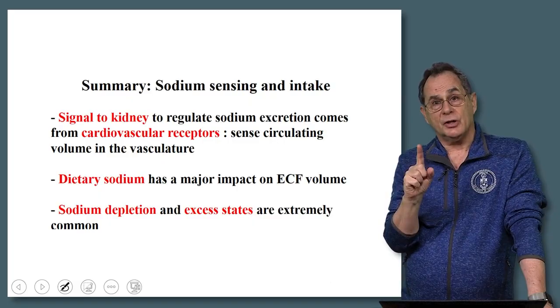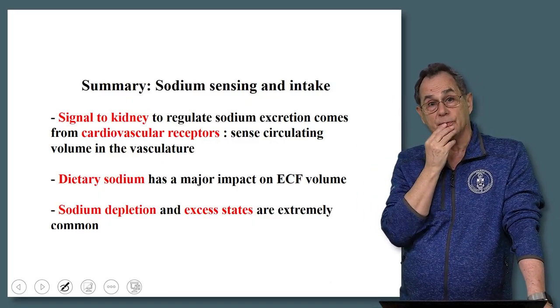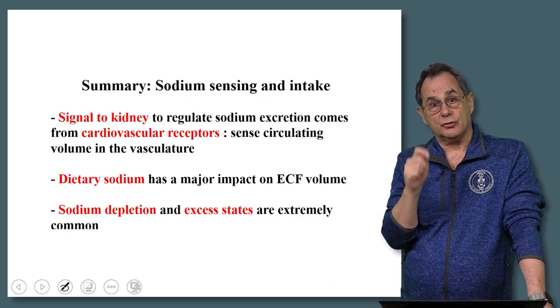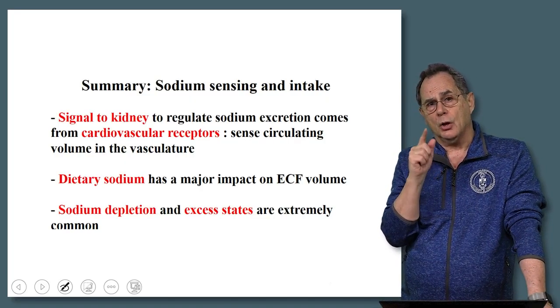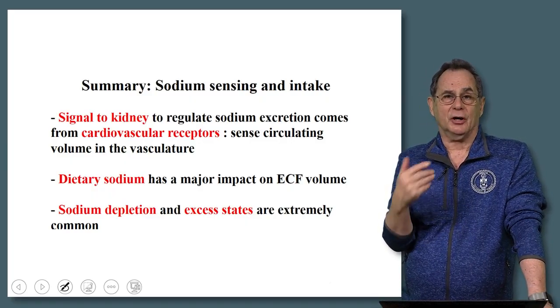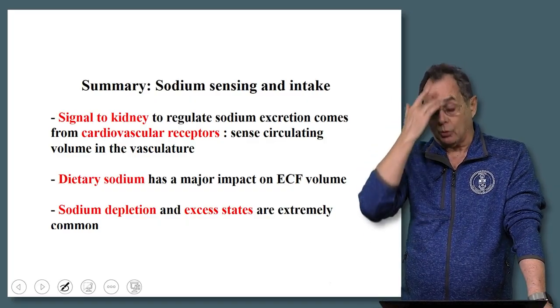And in some individuals, that increase in the plasma volume will contribute to high blood pressure. Sodium depletion and excess states are extremely common. Sodium depletion was the common state during our evolution. Excess states have become the common problem in our modern world.